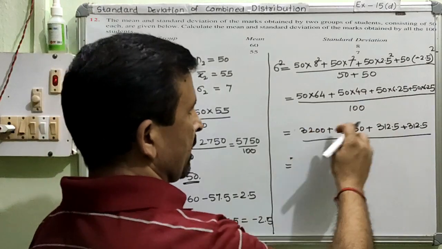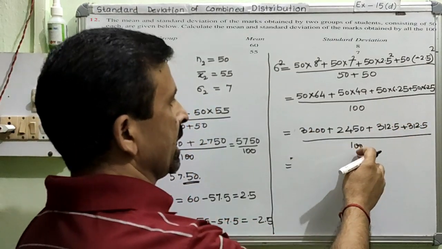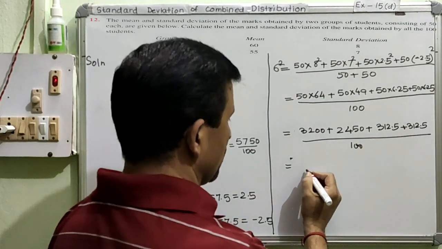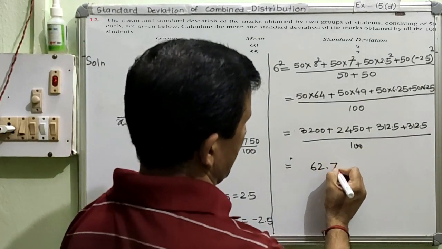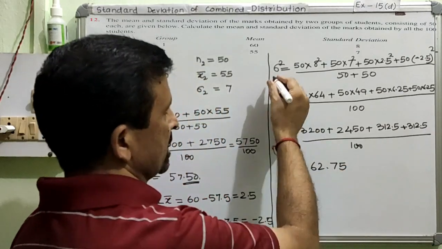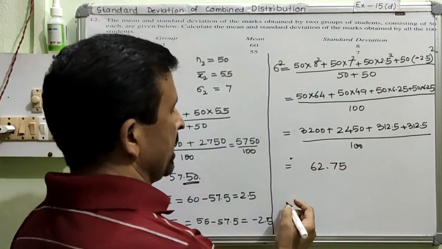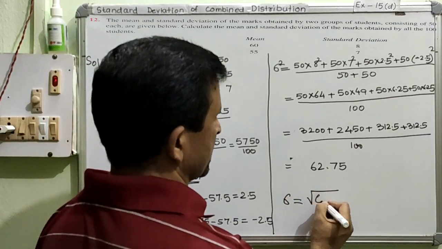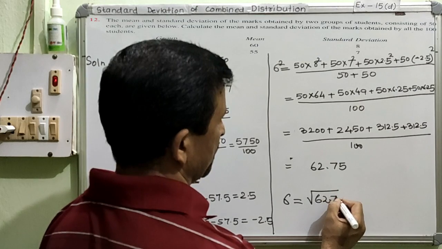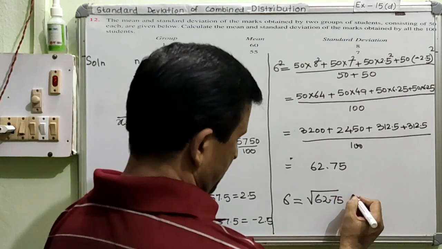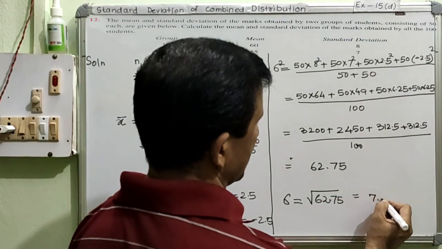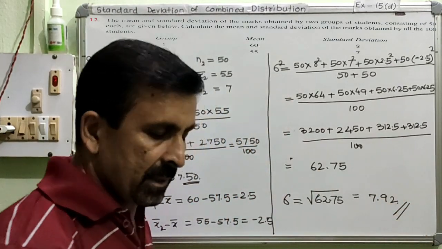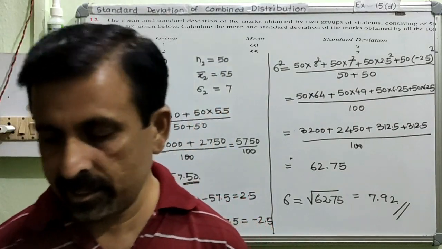Dividing all this, adding all and then dividing by 100, directly I am giving the value. This is coming as equal to 62.75, because I have less space, and this will become the value of sigma square, and from there we can find the standard deviation. So sigma is equal to root over 62.75, and finally the answer is 7.92. That's all. So this is the end of your statistics.